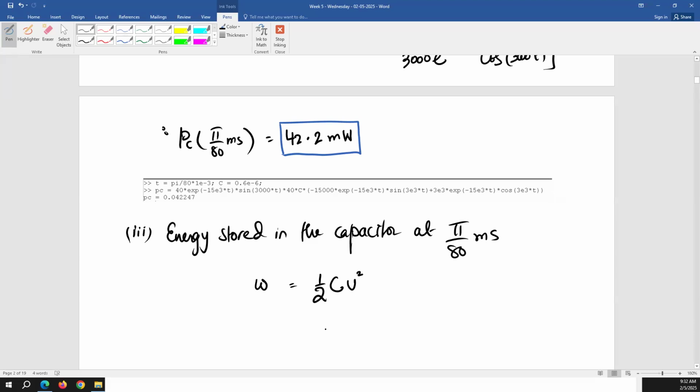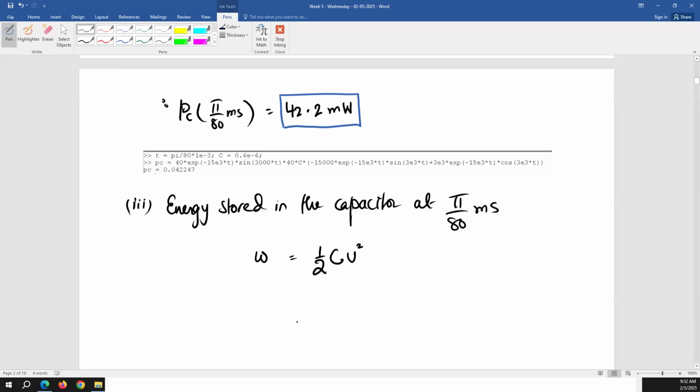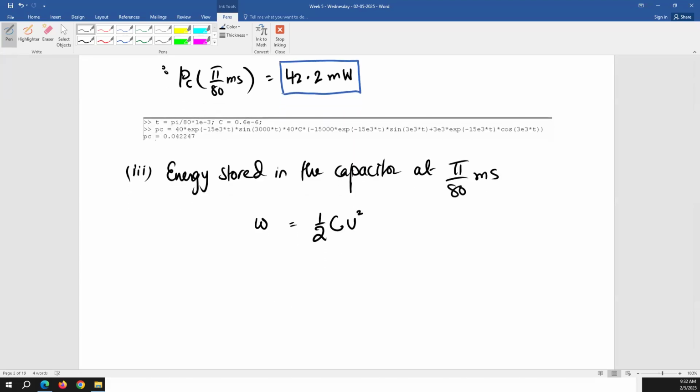Of course, voltage is a function of time and energy is a function of time as well. Both of them are functions of time. The simple voltage equation is given to us: one half C, and the voltage equation that is given to us is 40 e to the power negative 15,000 t sine 3000 t.